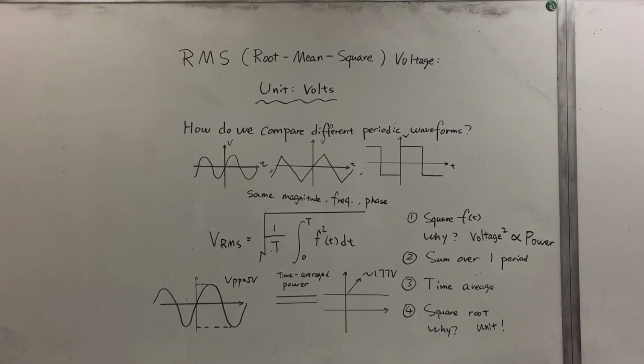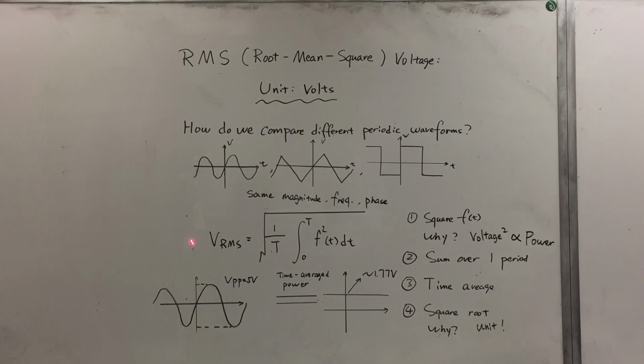Right now you might have an idea: since I have the same magnitude, we really can't just compare the magnitude or the frequencies or the phase. Something worth doing is maybe summing or doing an integral over a period for these signals and seeing what the values are.